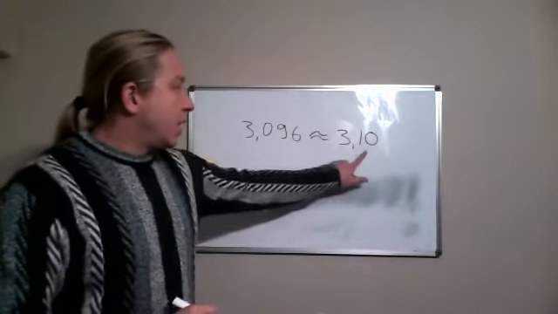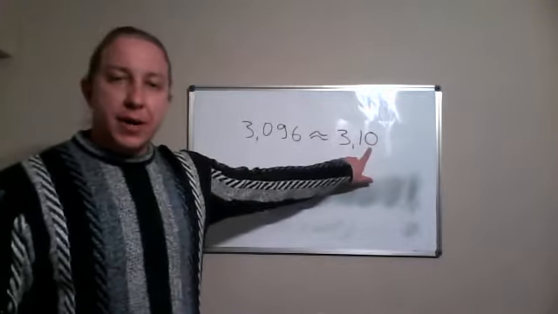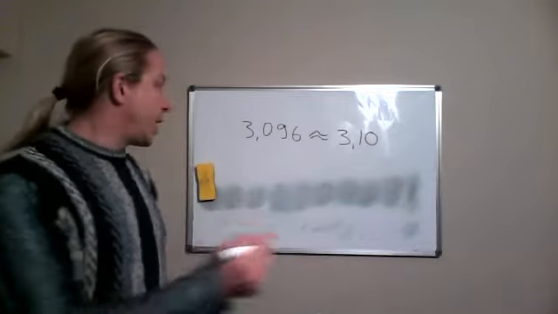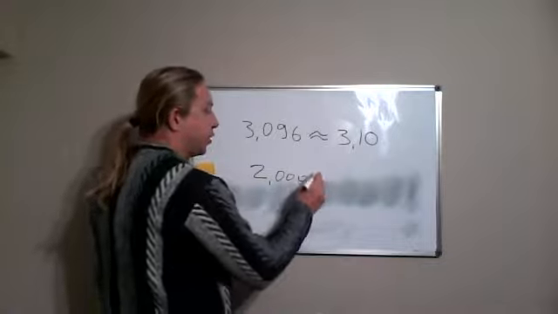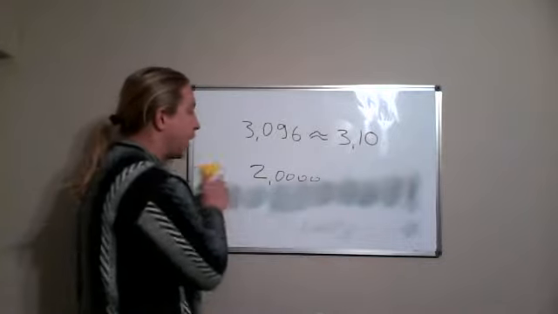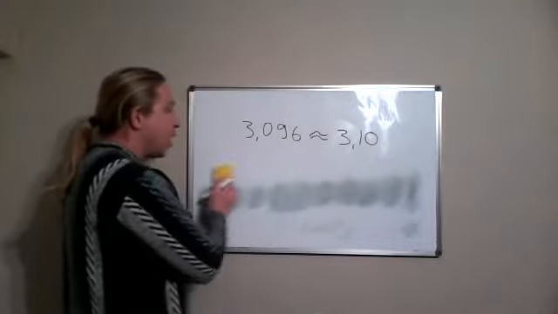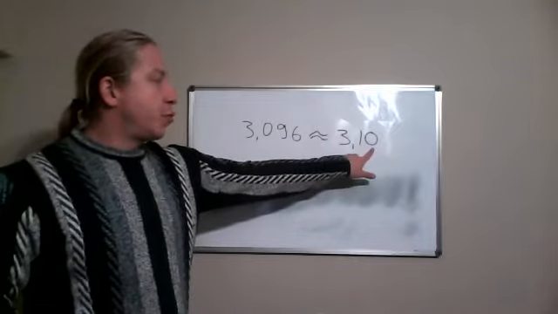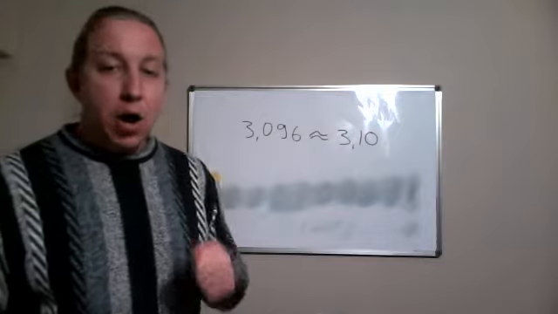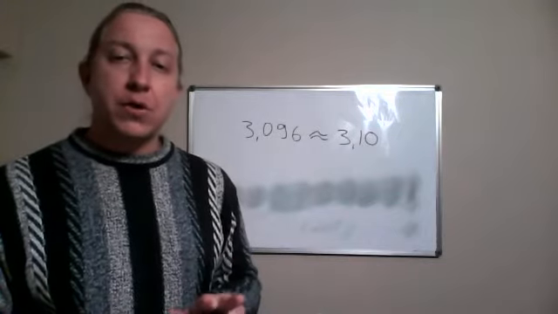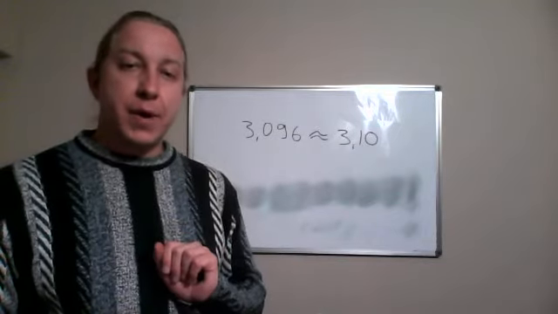Now, the reason why we write the 0 in, because obviously when I write the number 2, I don't say 2.00000 because it goes on forever. I just write the number 2. So why do we have to put that 0 in there? The reason for that is that I asked you in the question to round it off to 2 decimal places, okay?